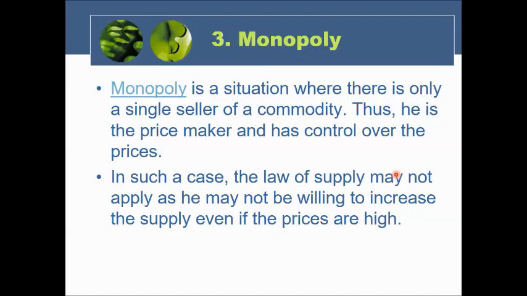If you have a monopolistic type of business, as a single seller, it gives you an opportunity to increase or to control the prices. So here the law of supply may not apply also.